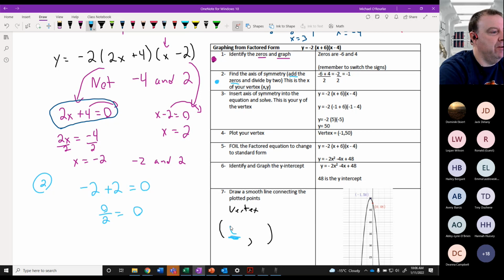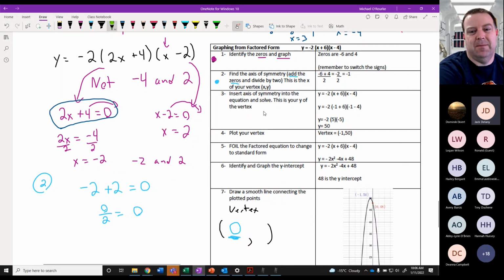So our x component of our vertex is 0. Emma, was I right that you did it correct? That's why I picked this one, so it felt weird.